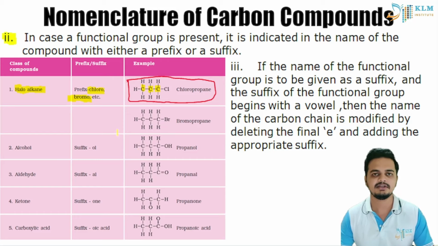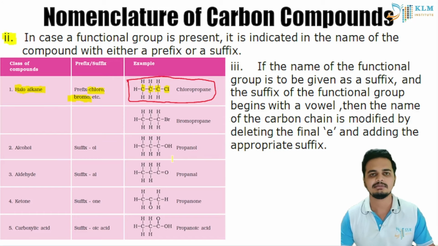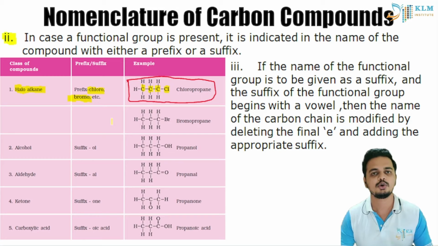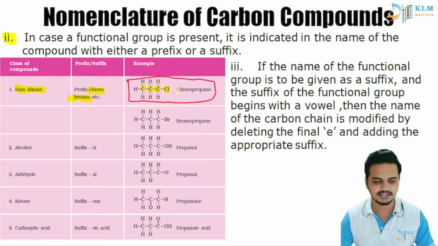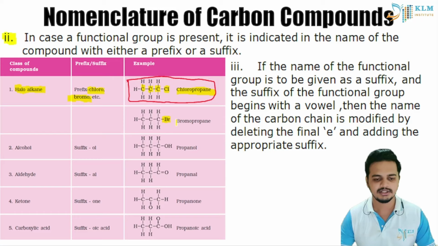Prefix is something which we add before the word, and suffix is something which we add after the word. Now chlorine is present, so we will name the compound chloropropane. In a similar manner, everything is the same, but bromine is present, so we will name the compound bromopropane.